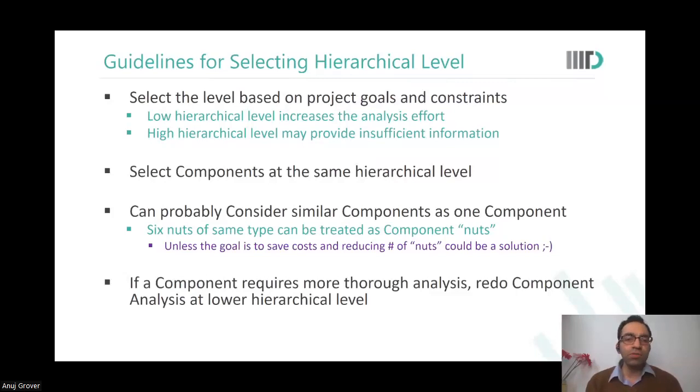For example, if there are 6 nuts that are used in a system, you could say there are just nuts, or you could say 6 nuts. Why? Because the goal is to save costs, and reducing the number of nuts could be a solution. In case of a battery, reducing the number of cells could be a solution, and therefore you would want to put all the 12 cells separately in your component analysis.